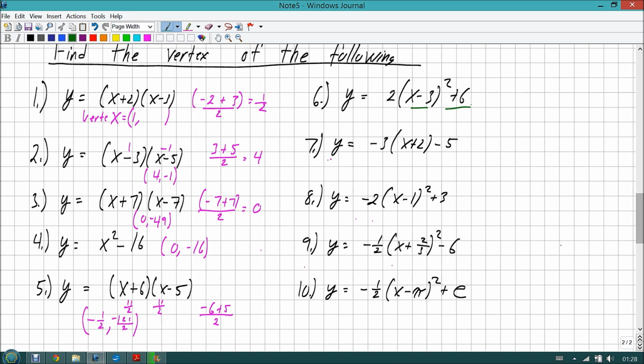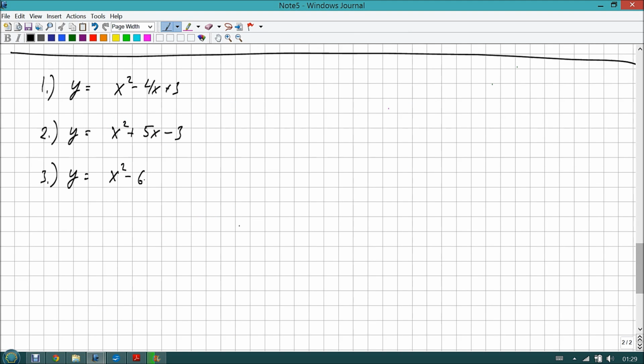Now the remaining ones, 6 through 10, should be super easy. Positive 3, positive 6. So this is at the location 3 comma 6. Negative 2, negative 5. So this is going to be at negative 2, negative 5.